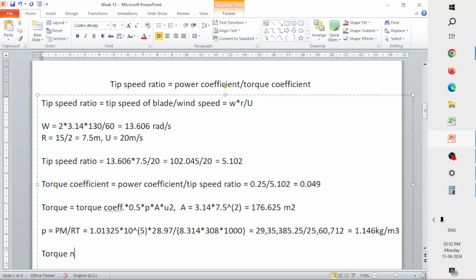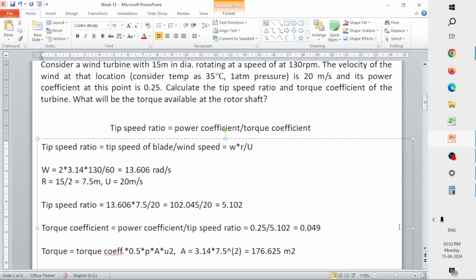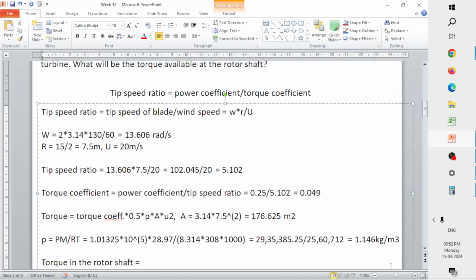The torque in the rotor shaft is 0.049 times 0.5 times your density 1.146 times your A, 176.625, times your U square. U is 20, so 20 square, which I can write as 400.